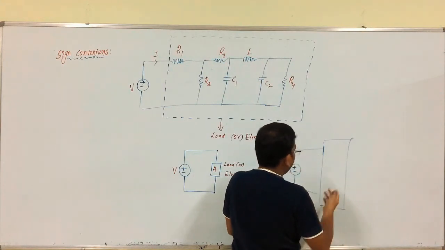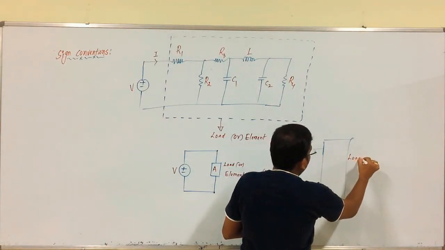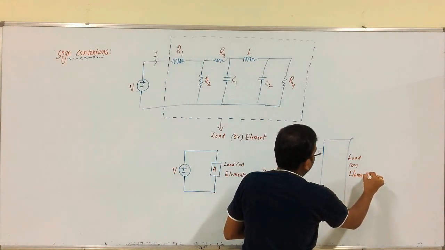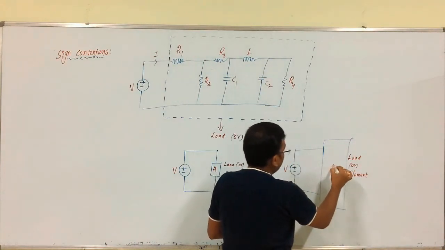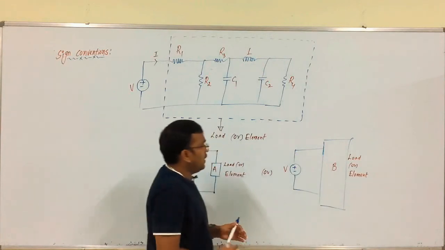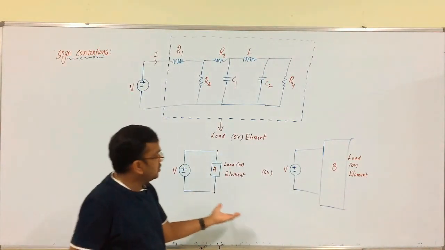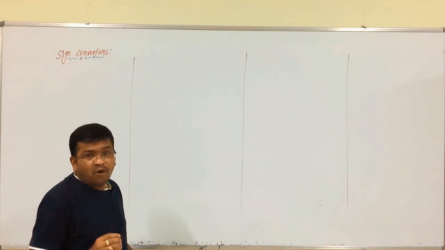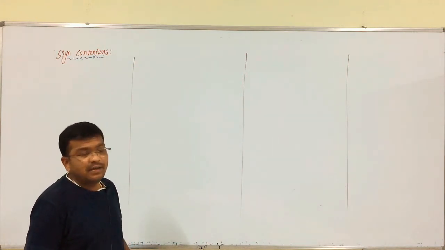This could be a load or element, and the supply voltage. Here it is B. It could be in the form of like this, or in the form of like this. Now, we have to discuss some important conventions.